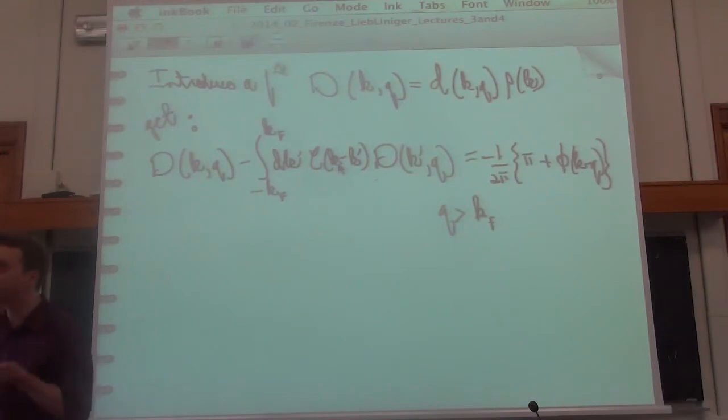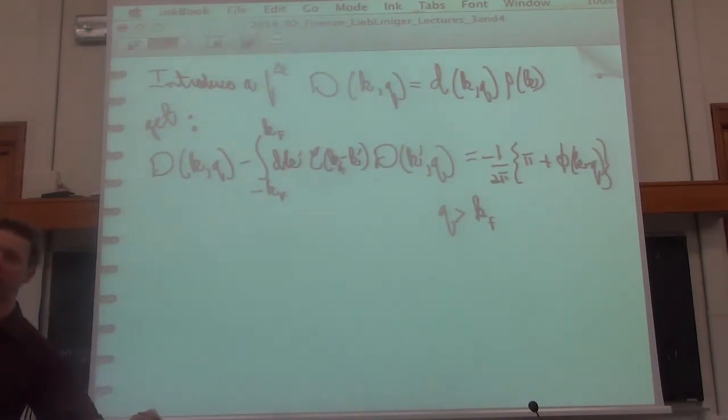Now what's that good for? Well, of course you can now calculate the energy and the momentum that you've pumped into the system by adding this particle. So the momentum in a sense we kind of already know, right? Because we have the quantum numbers, so we had specified it, but that's because we knew it in terms of the quantum numbers.